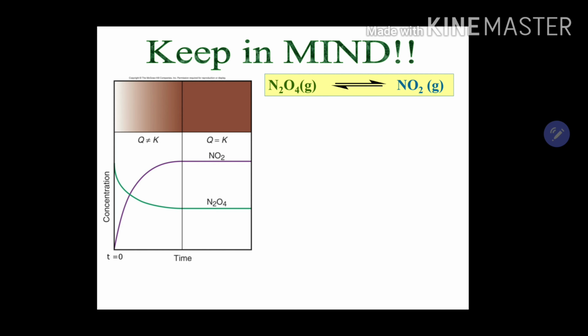Now, consider this new equilibrium system, the decomposition of dinitrogen tetroxide, N2O4, to nitrogen dioxide, NO2. At T1, the equilibrium is a dynamic equilibrium.